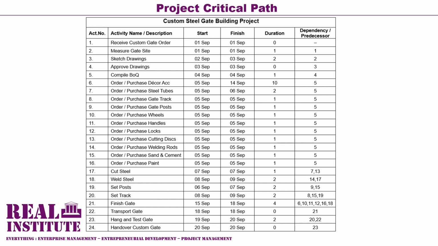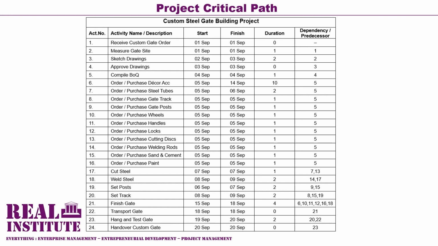Activity 18, weld steel components into a steel gate structure, has 2 dependencies, and these are activity 14 and activity 17, which are the order or purchase welding rods activity and the cut steel into components for the steel gate structure activity respectively.